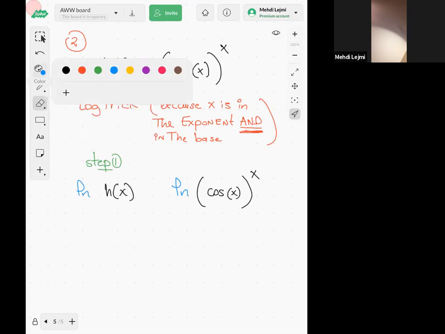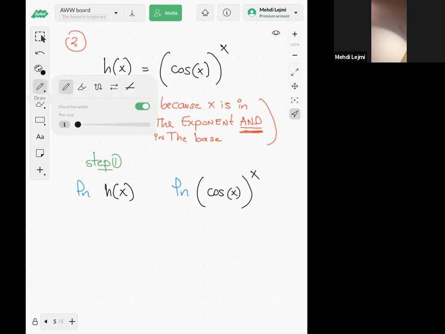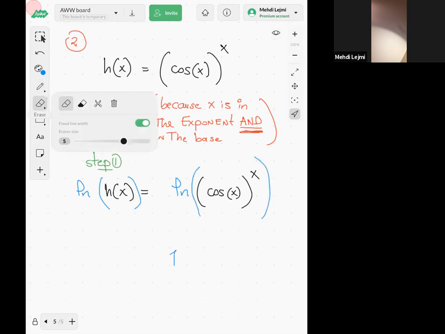Probably I'm gonna move this here. So this is natural log of h of x, and this is natural log of cosine of x to the power x. Now, as I said, the point of applying the natural log is that we can bring down this power to the front of the natural log.